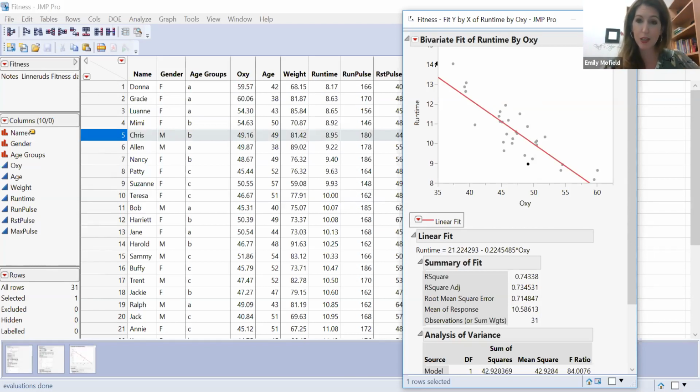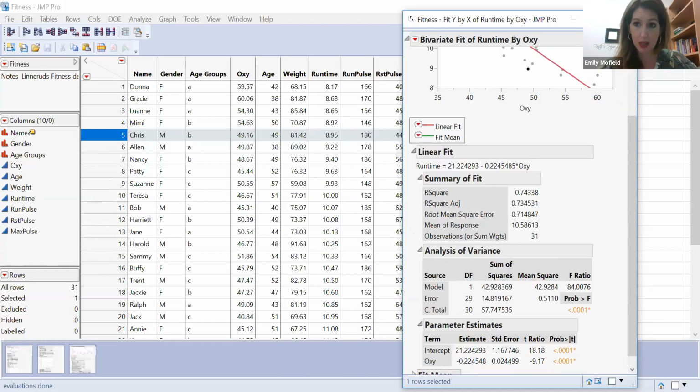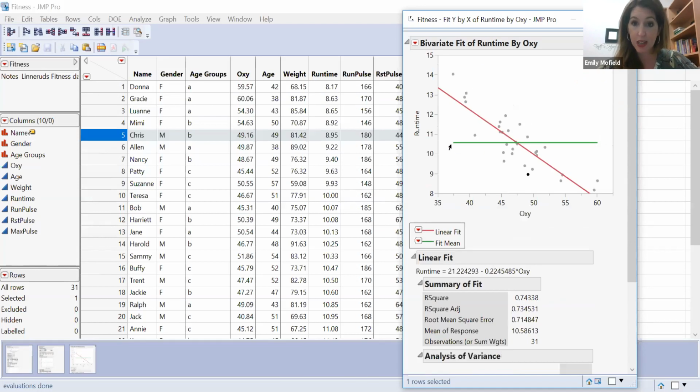I'm basically wanting to know, does oxygen predict runtime better than just using the mean of runtime to predict runtime? All right, and so I'm going to put fit mean, and this is showing me that the mean of runtime was 10.8 or something, just by eyeballing that. My test is basically asking, does this model with the red line do a better job of capturing the little dots being close to it than the green line?